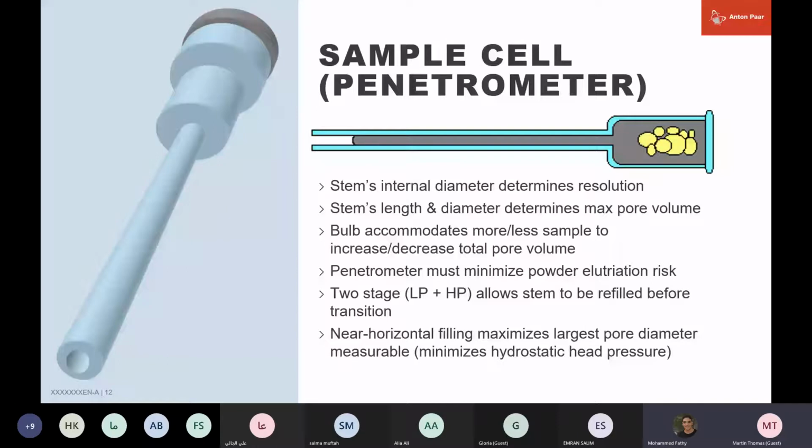So for the bulb part of the sample cell, we have different types of sample holders to accommodate larger samples or smaller samples. And in the examples I'll give you later on, some of our customers have used very large capacity sample cells and some have used the smaller capacity sample cells. So we have the ability to measure up to a 1-inch core plug sample down to much smaller pieces.